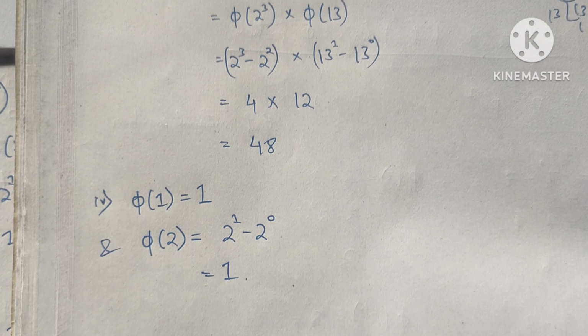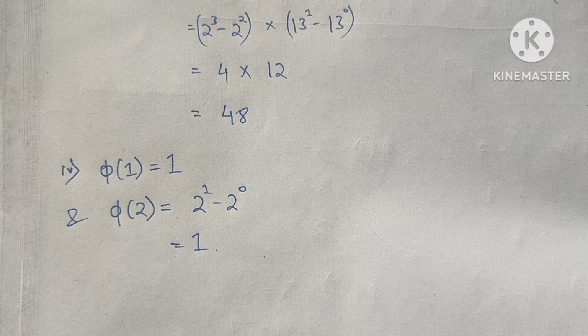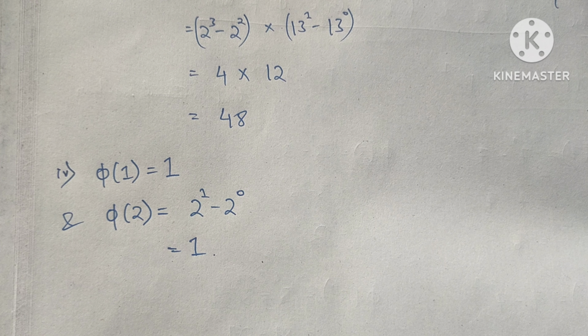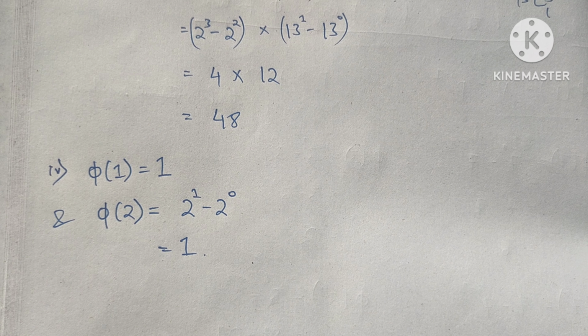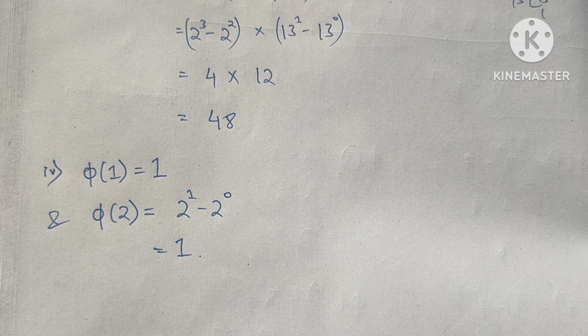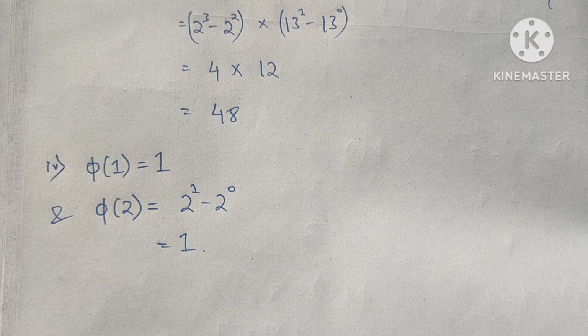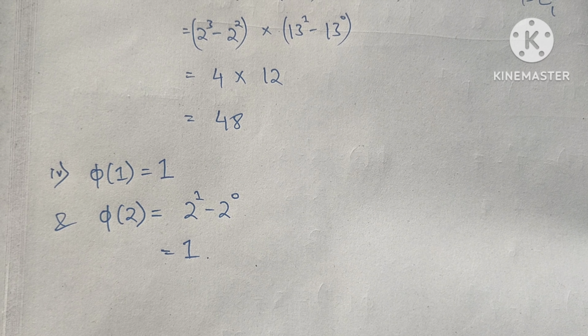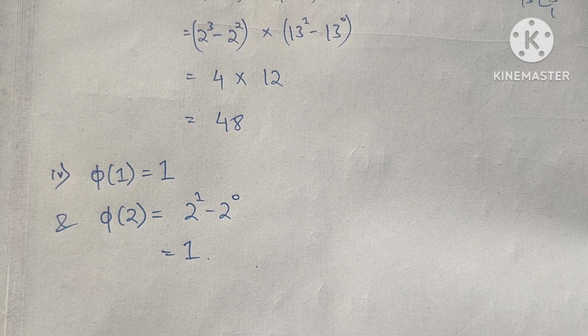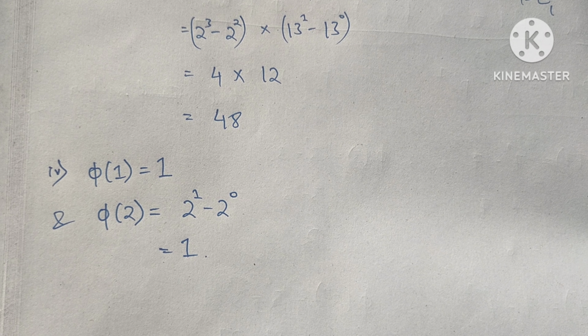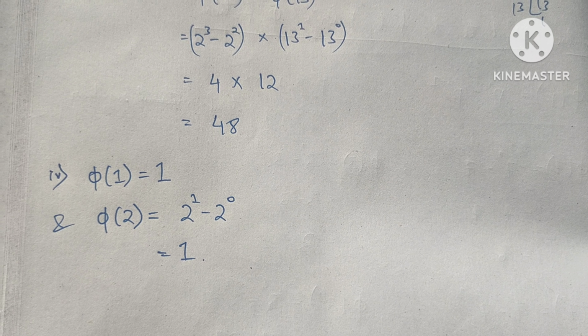Apart from these two values, you take any number in the world. If you take phi 3, its value will be equal to 2, which is an even number. If you take phi 4, its value will be equal to 2 square minus 2 to the power 1, 4 minus 2, 2, which is also an even number. Phi 5, value will be 4, even number.